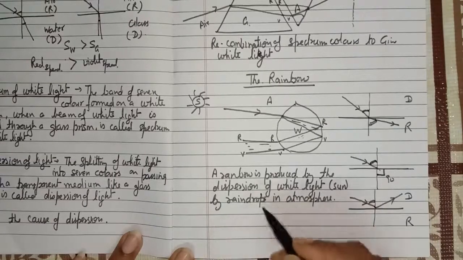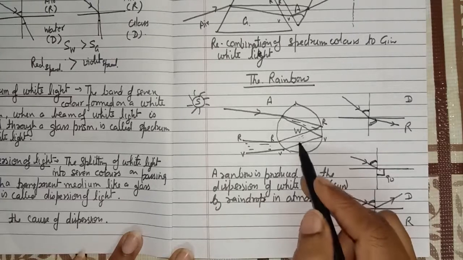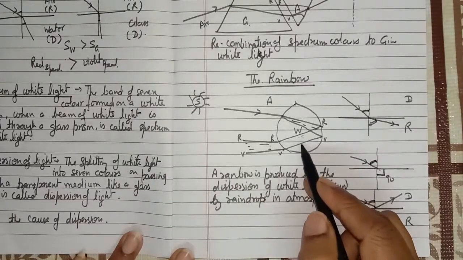Okay, now the dispersion of white light takes place through the raindrop in the atmosphere. That's why the rainbow is formed.